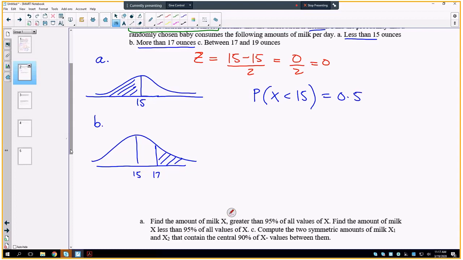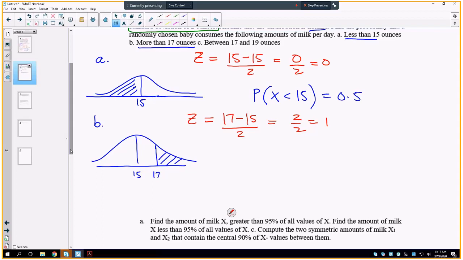First, let's use our formula. If we know an x, we can find a z. We use 17 for x minus the mean of 15, divided by the standard deviation of 2. So 2 divided by 2 is 1. So 17 is 1 standard deviation away.